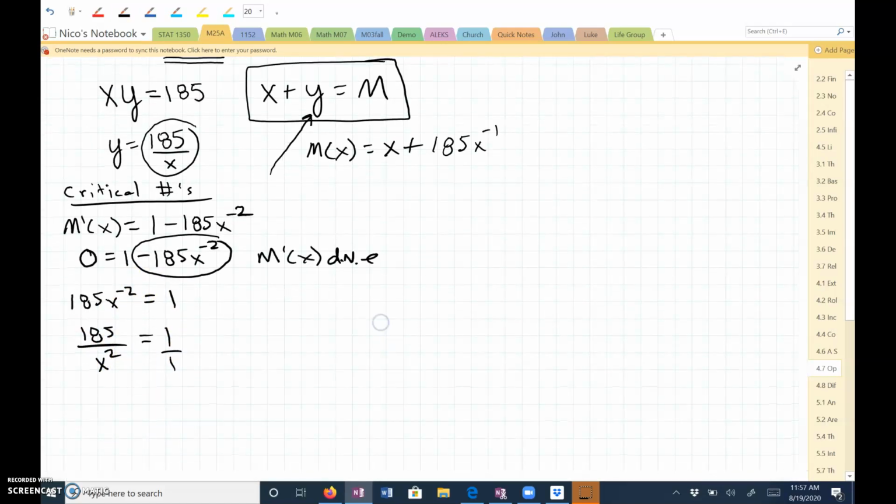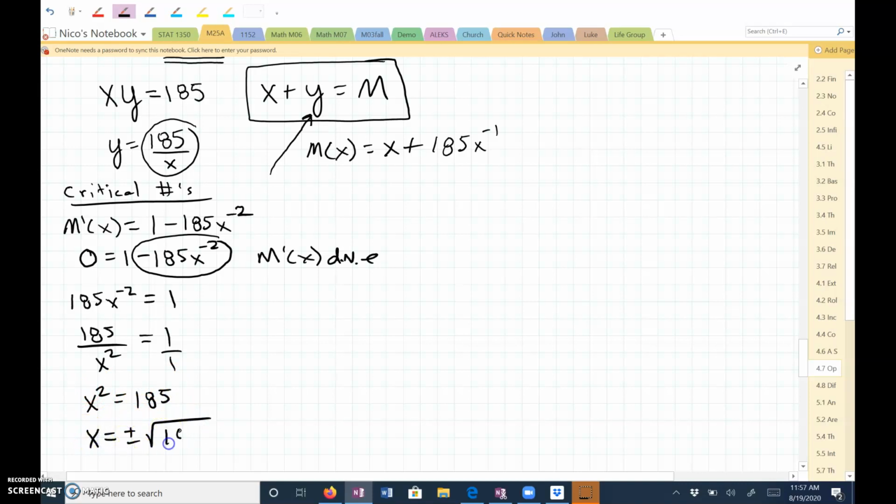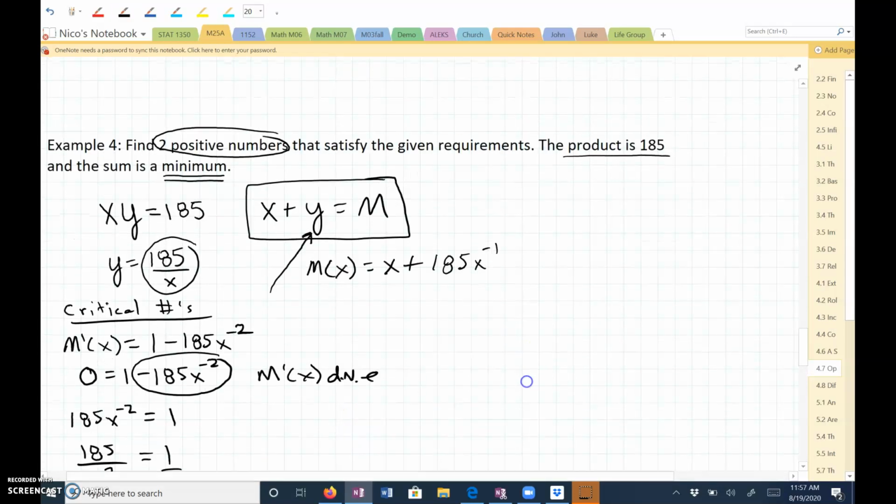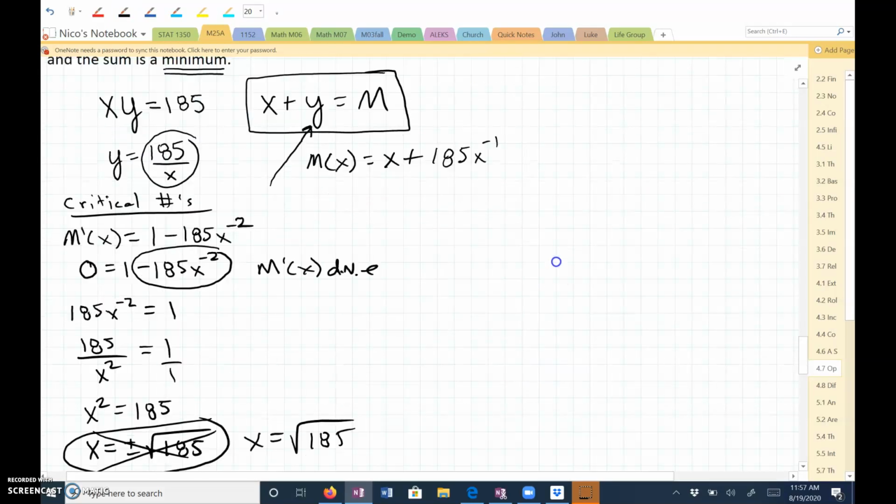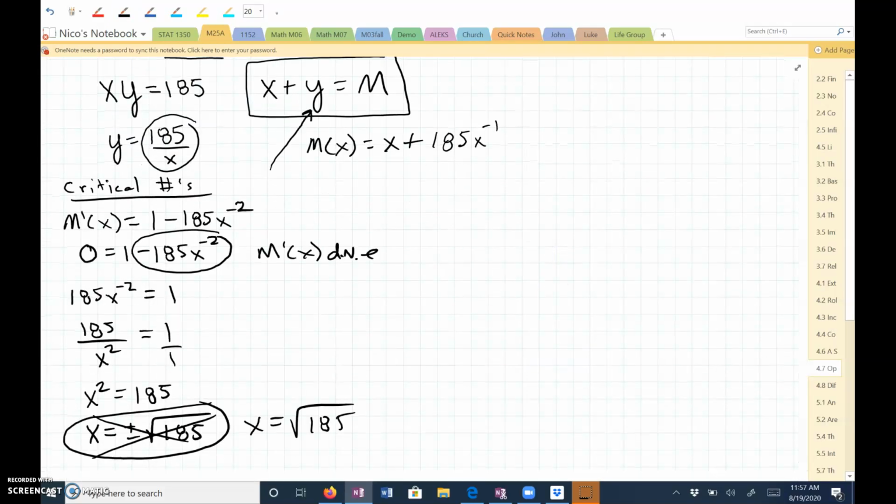Then I can cross multiply here and get x squared equals 185. Then I can square root both sides to get x equals plus or minus the square root of 185. And I have to throw the negative one out because it says the values are positive, right? Find two positive numbers. So one of the numbers potentially could be x. It's got to be positive.